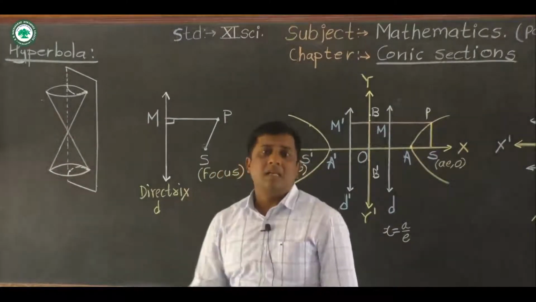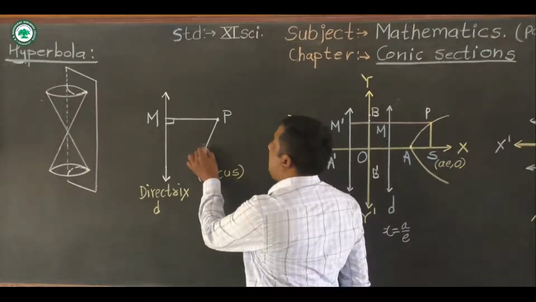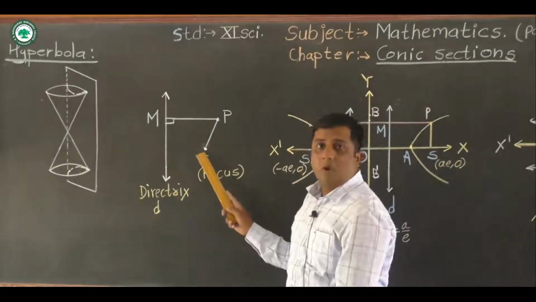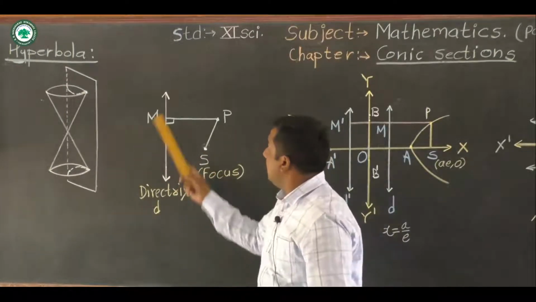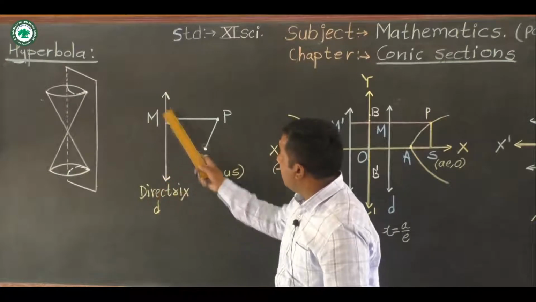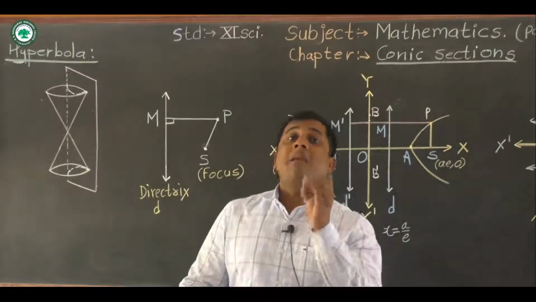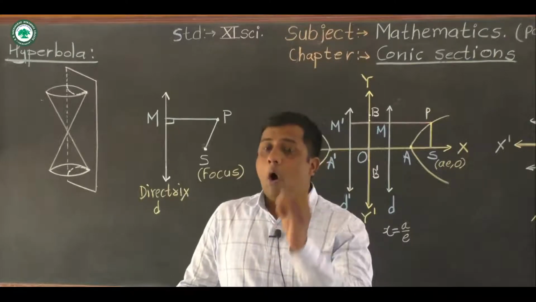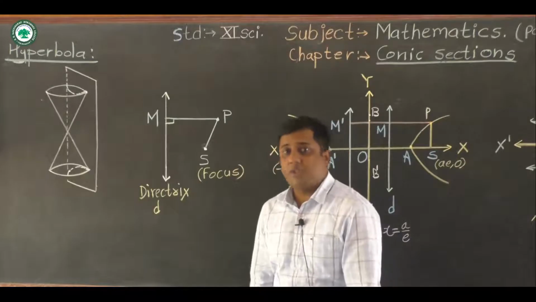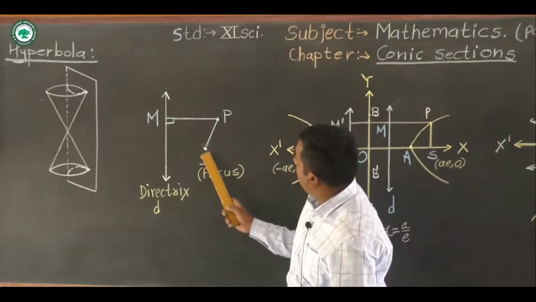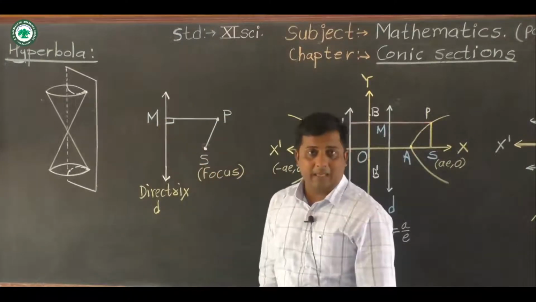To define the hyperbola, we consider one fixed point. Suppose this fixed point is S, then we consider a fixed line, here our D. We consider the set of all points P which are at a distance from this S and from this fixed line.